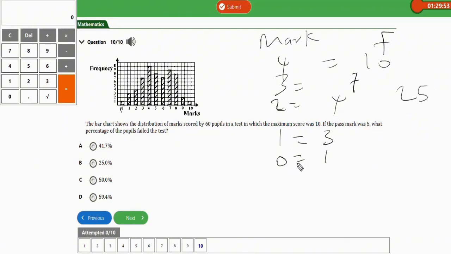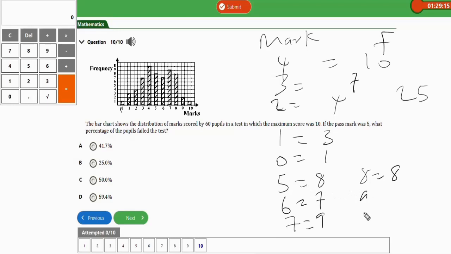Now let's include those that got the pass mark and above. So mark 5, the value is 8. Then mark 6, the value is 7 as well. Then mark 7, the value is 9. Then mark 8, the value is 8.